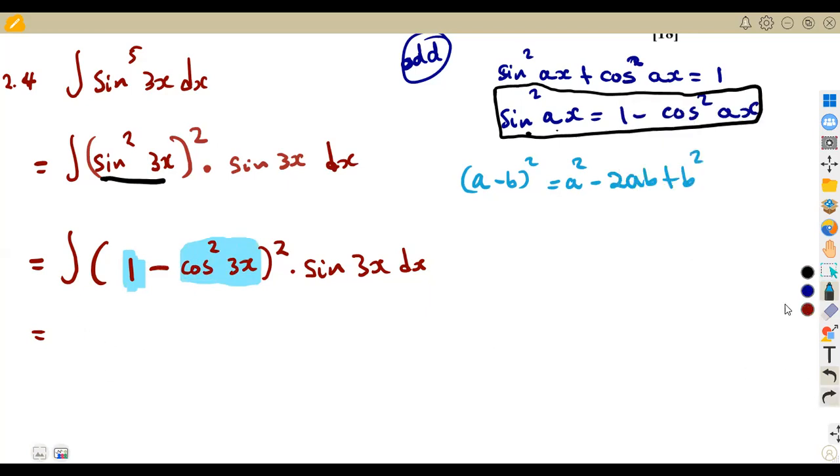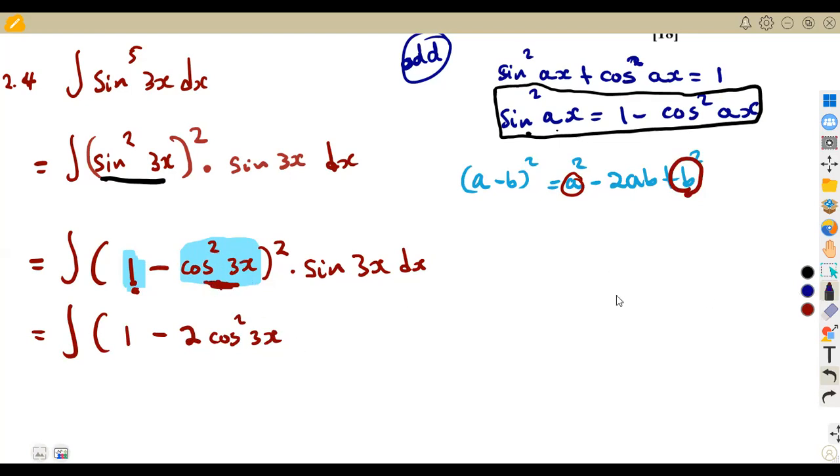If we expand this, it's going to be a squared, which is the first term squared, 1 squared, which is 1, minus 2ab, so minus 2 times a, which is 1, times b, which is cos squared 3x. Plus b squared, the last term squared.